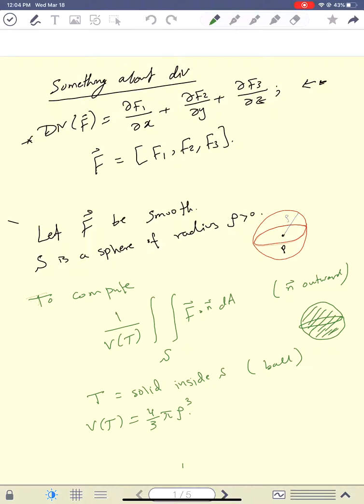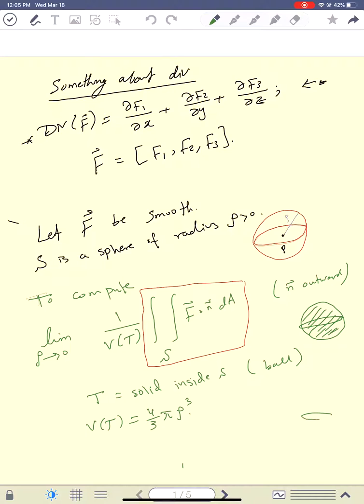So I want to compute the 1 over the volume, as mentioned here, times the surface integral. Now the surface integral represents the flux over the sphere. When you write this integral here, you are taking the flux over the sphere. Then you are dividing it by the volume of that ball. After that, I want to take the limit as rho goes to 0. So what happens when rho goes to 0?